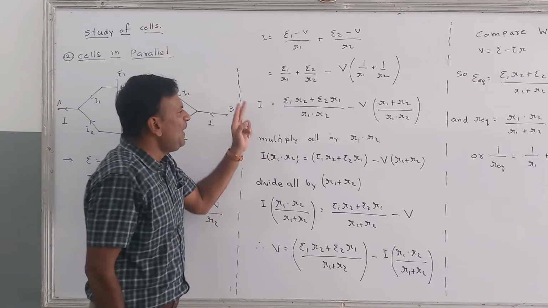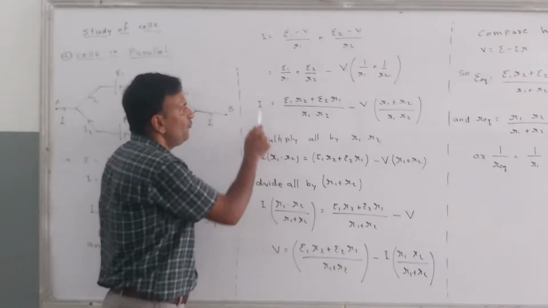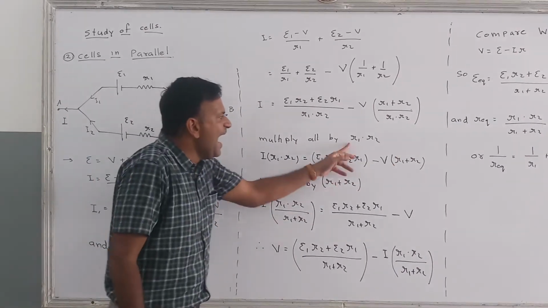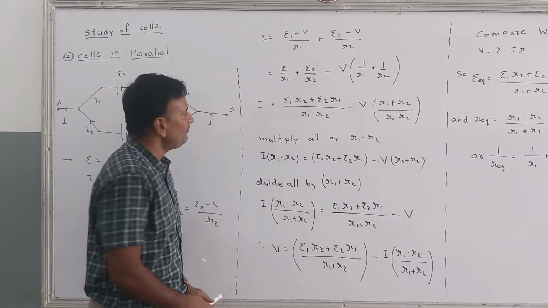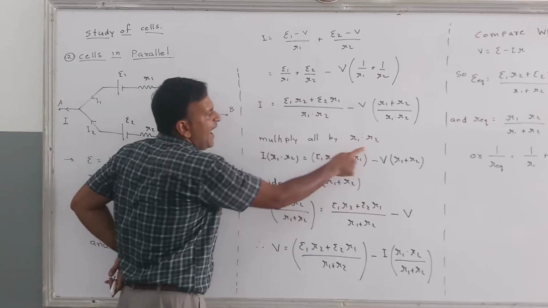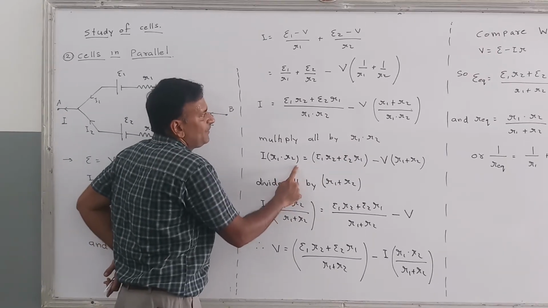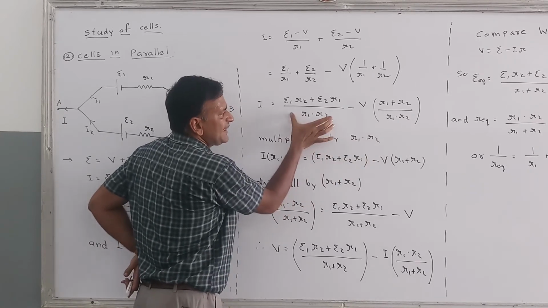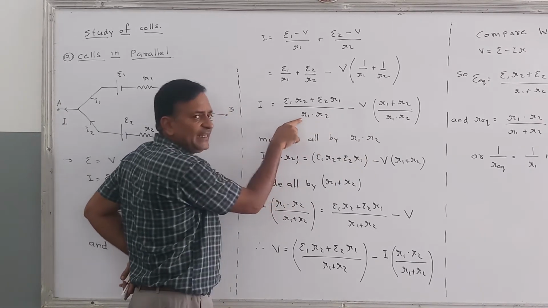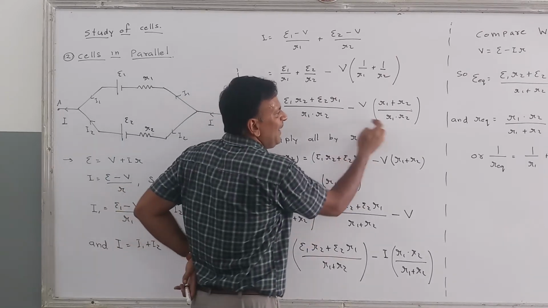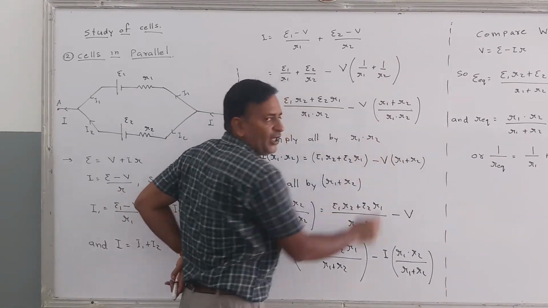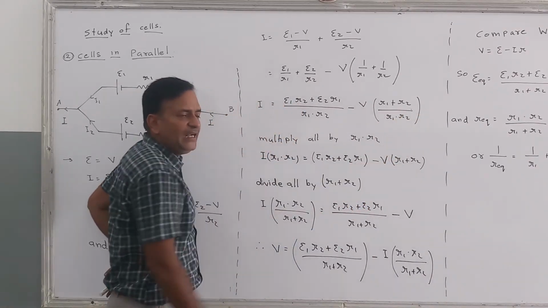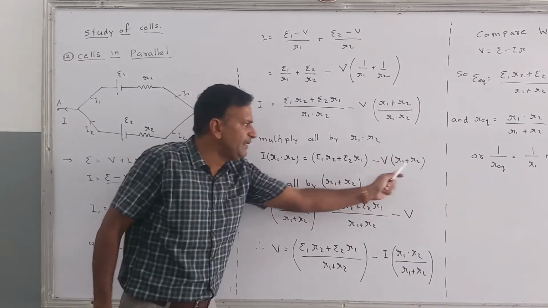Now multiply all the terms, first term, second term, third term. Multiply all by R1 dot R2. Multiply this by R1 and R2, you get this. Multiply this by R1. So this is what you get.